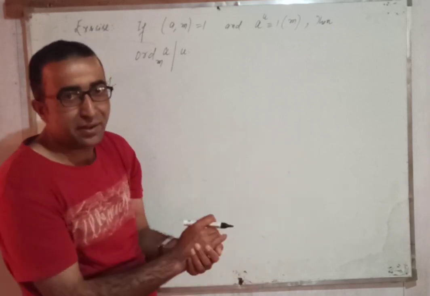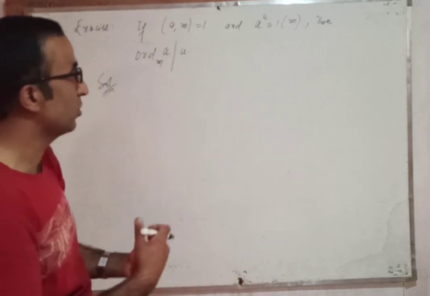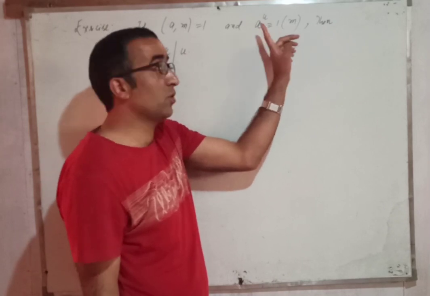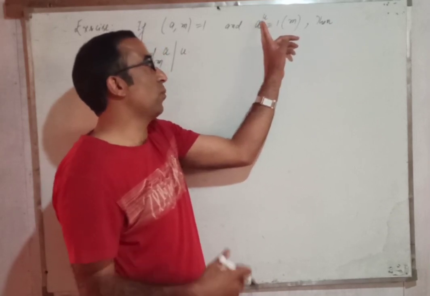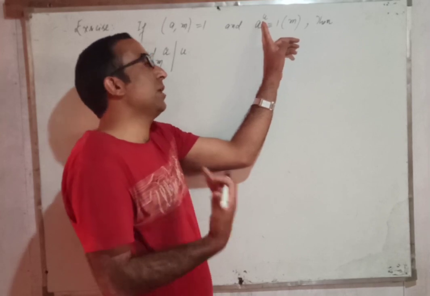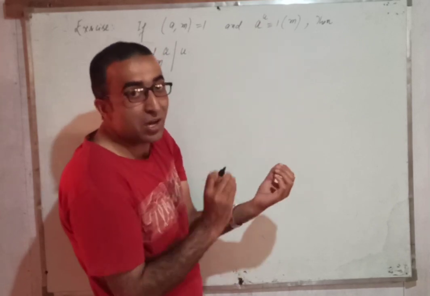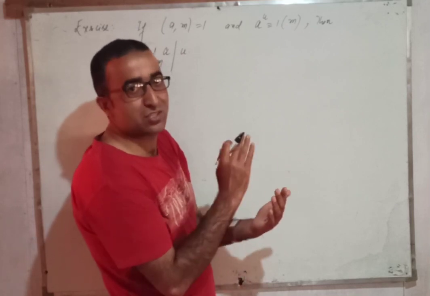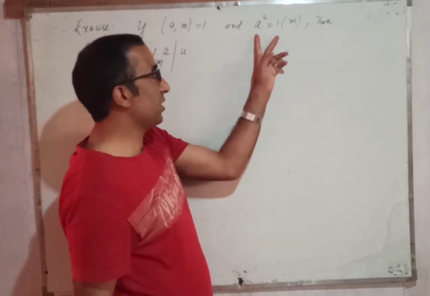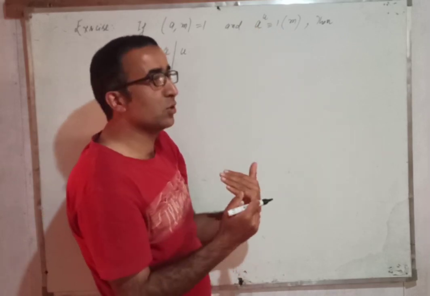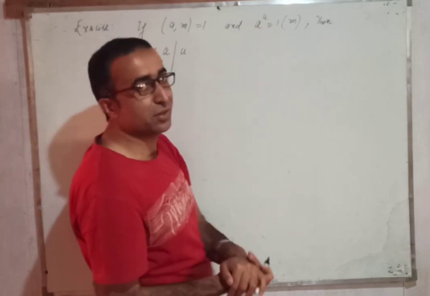While simplifying you obtain some integer u such that a power u is congruent to 1 mod m. You want to see what the relation of this u is with the order of a, because the order is the smallest such t. But here you don't know what u is. Maybe there is some integer smaller than u such that a power that integer is congruent to 1 mod m.